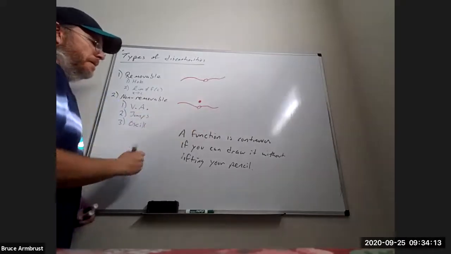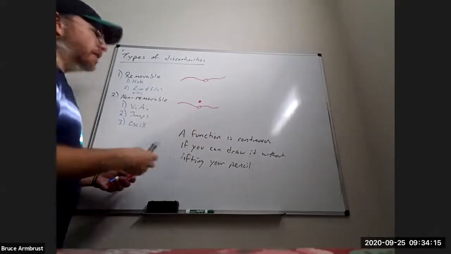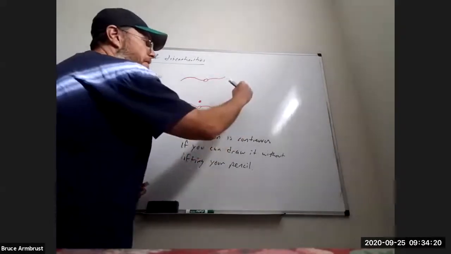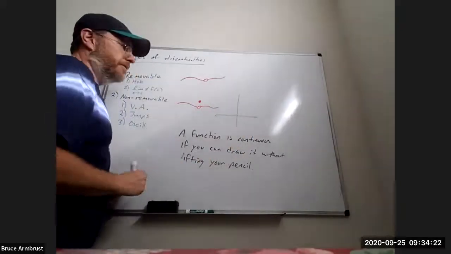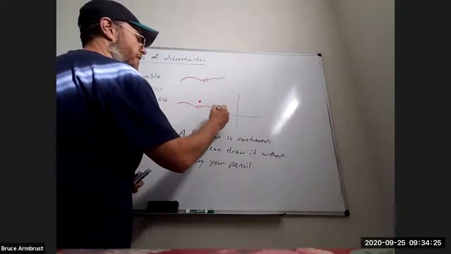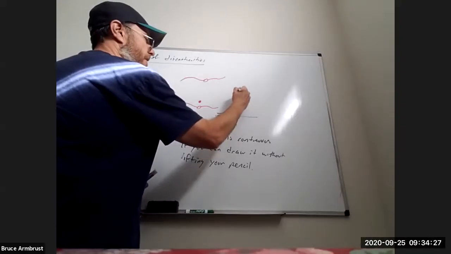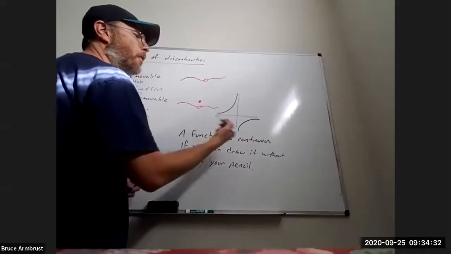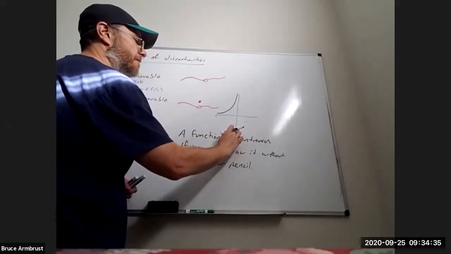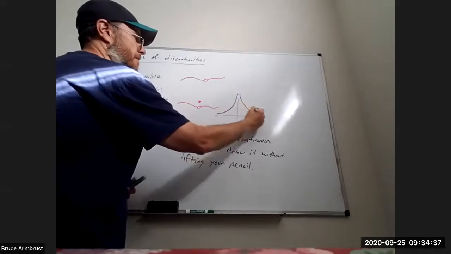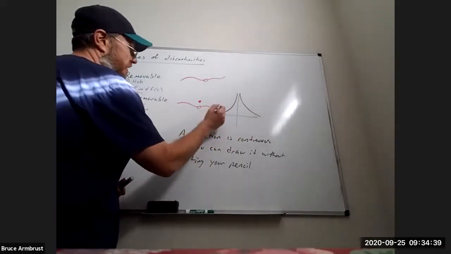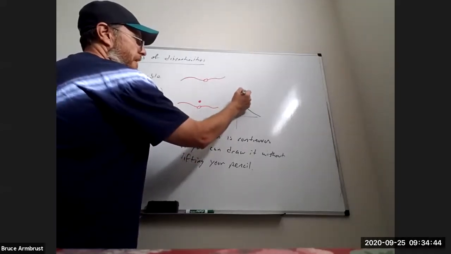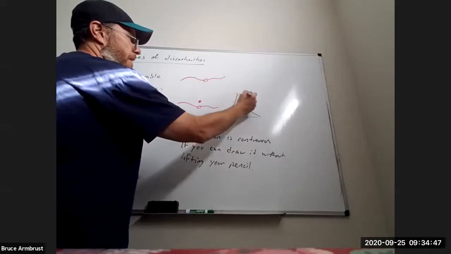Vertical asymptote, regardless of which kind it is, whether we're going to plus or minus infinity or whatever, here's a graph of one of these. I'm drawing it. Okay, now I have to lift my pen so I can come over here and draw it. Or even if it weren't exactly a butterfly, but one where it both goes in the same direction, I still have to jump. I'm drawing, and then I have to jump over onto the other side and come back down. So I have to lift my pen.